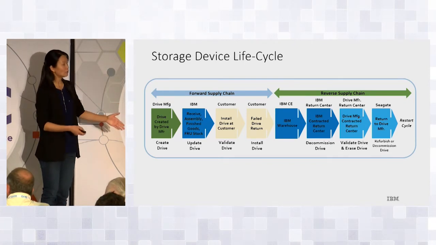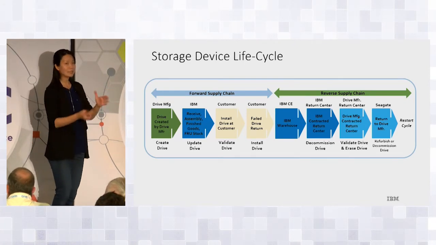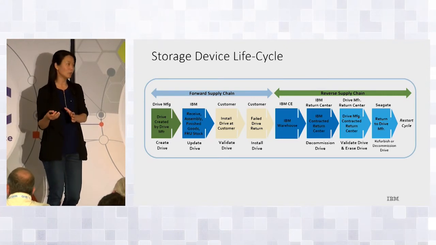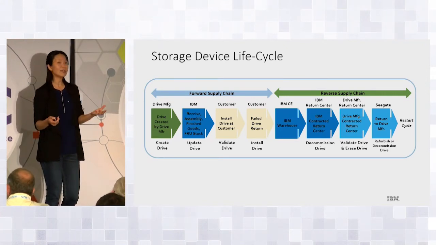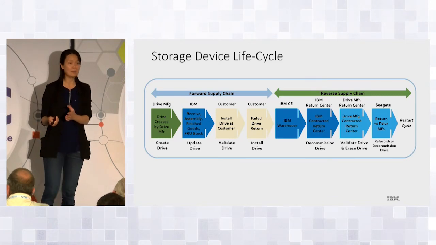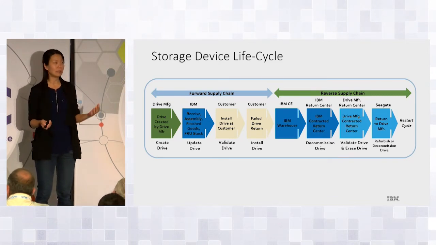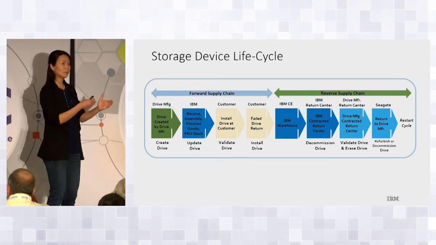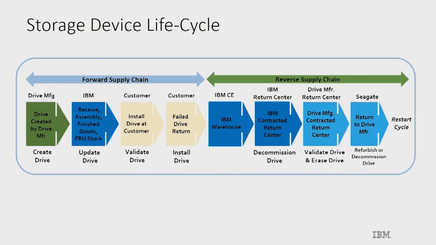It goes through a lot of different warehouses and sorting centers, and then ends up at a repair center that we contracted with. And that's where it's found out that this drive is actually not made by IBM.